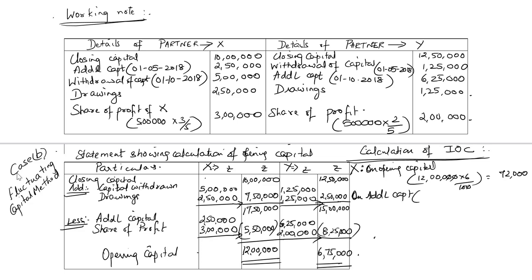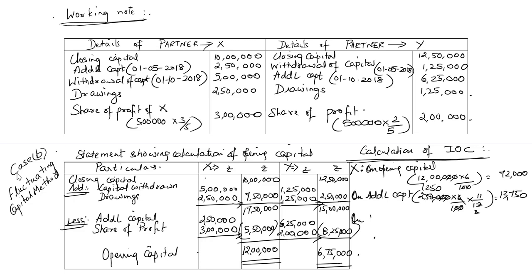On additional capital, additional capital of partner X 2,50,000 at 6% for 11 months from 1st May up to the end of the year. Which is equal to 1,250 into 11, which is equal to 13,750 rupees.